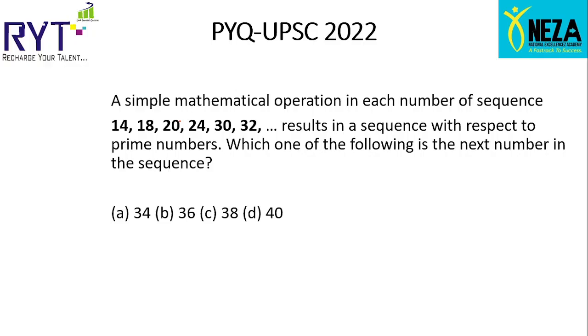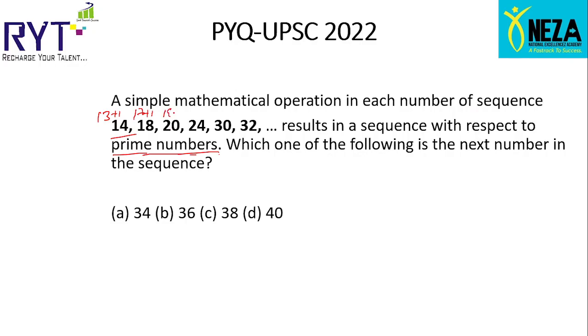One more question, we will solve it. A simple mathematical operation on each number of the sequence 14, 18, 20, 24, 30, 32 results in a sequence with respect to prime numbers. Which one of the following is the next number in the sequence? When you look at the numbers, they have given a hint already. This sequence is with respect to prime numbers. The nearest prime number is 13, plus 1 is 14. Next prime number is 17, plus 1 is 18.